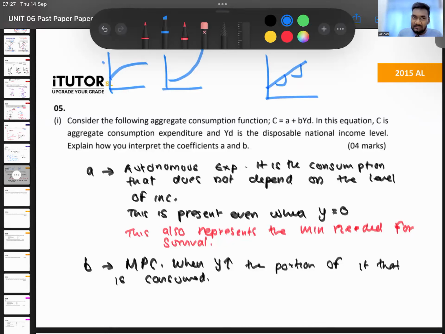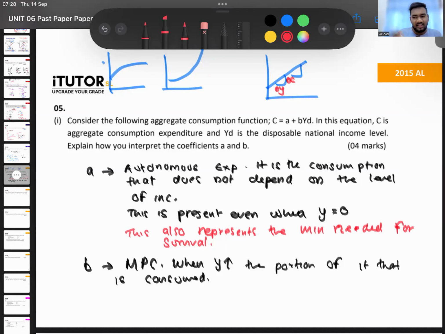In our syllabus, our consumption curve is a straight line. So that means our MPC is constant. Change in consumption over change in income is constant. So you can highlight that, regardless of the level of income, the marginal propensity to consume remains constant. So if MPC is 0.8, at any level of income, it will be 0.8.